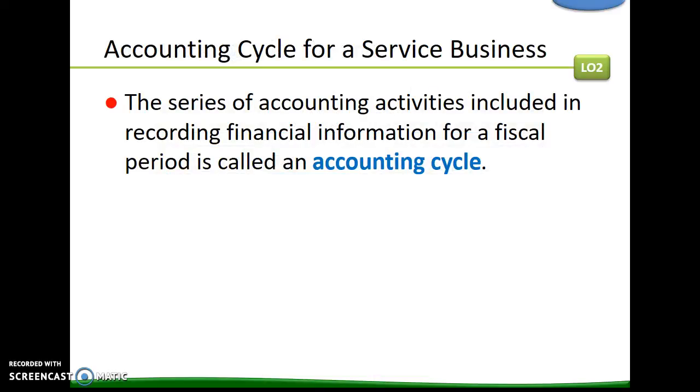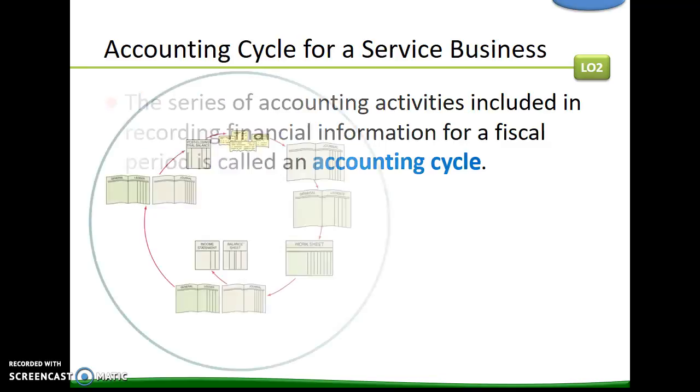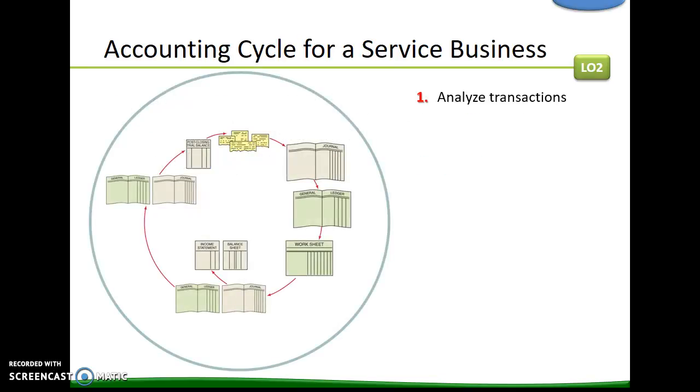Accounting cycle for a service business. Congratulations! We just completed the accounting cycle for the first time. We will get to do it again in the spring. The series of accounting activities, including recording financial information for a fiscal period, is called an accounting cycle. And here we go, we've gone through all of it. We've analyzed the transactions. We've journalized.